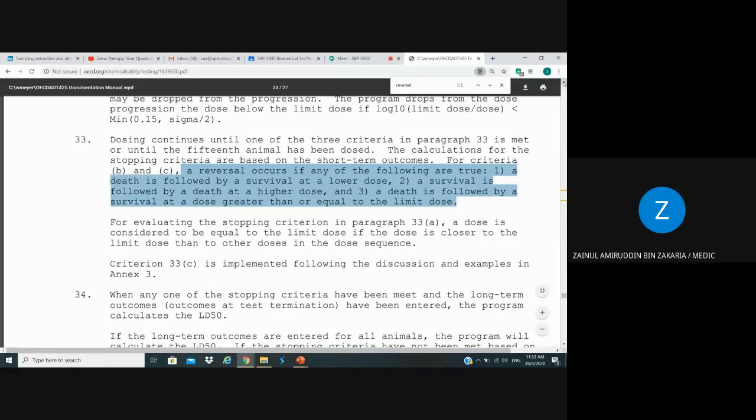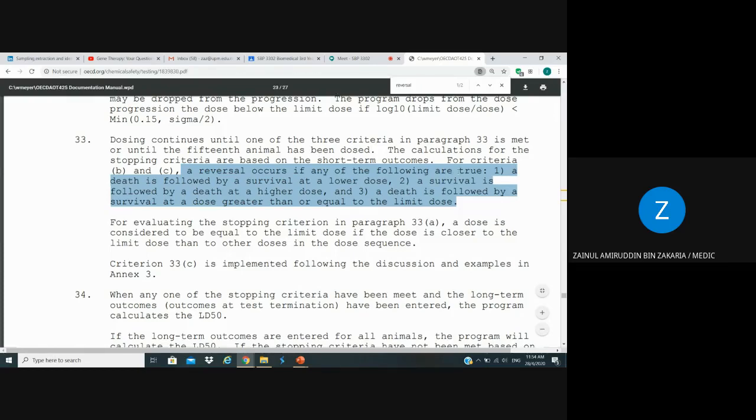Because you are testing OECD 425 using one animal, right? So let's say at a lower dose, the first animal you see death. Then the second animal that you test survives. So that is a reversal. And then you test again at a higher dose.